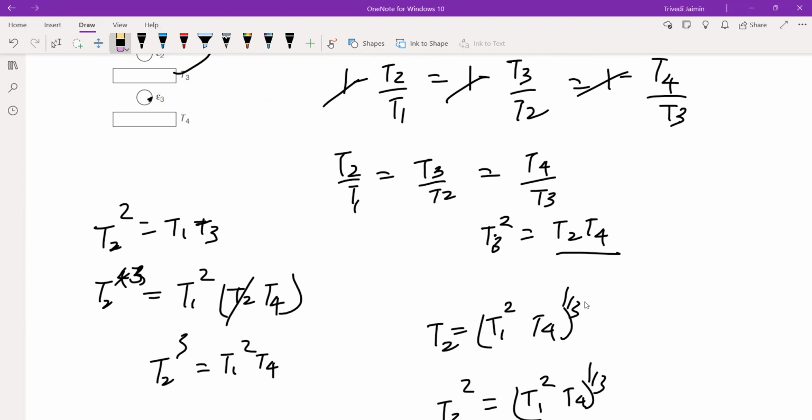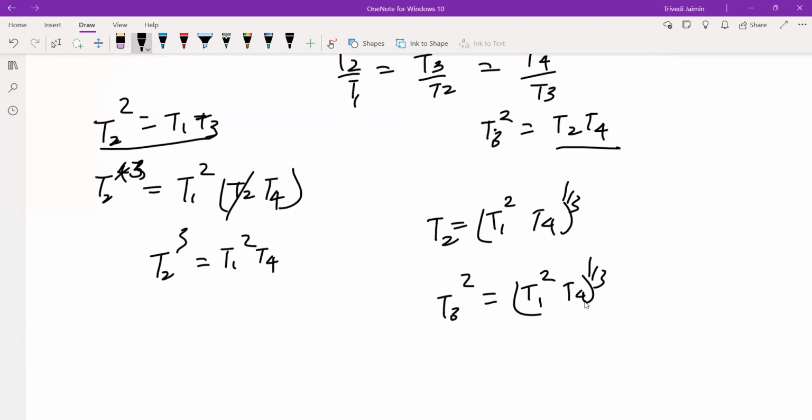Then let's substitute this value here. T2, T4, T2 square, T4 square.